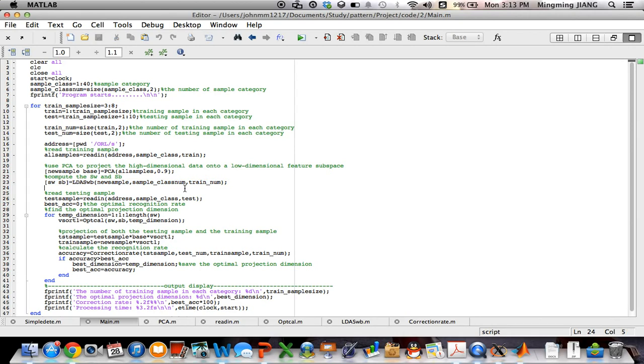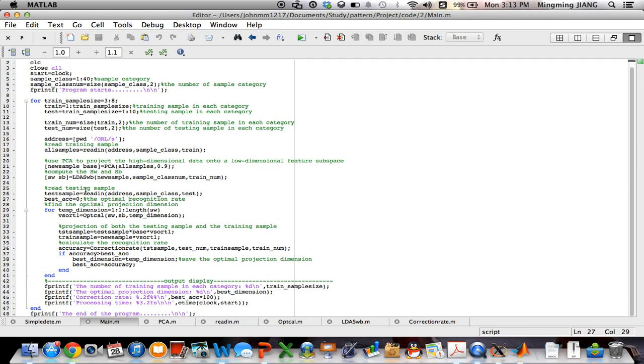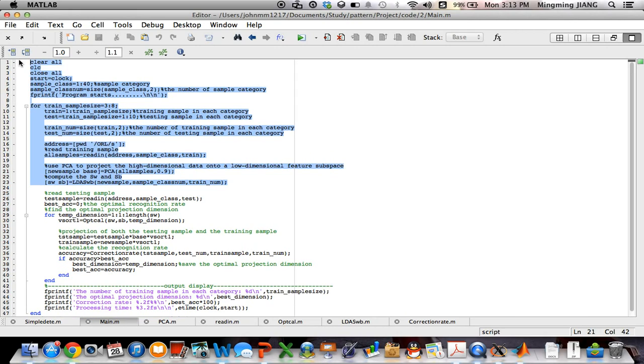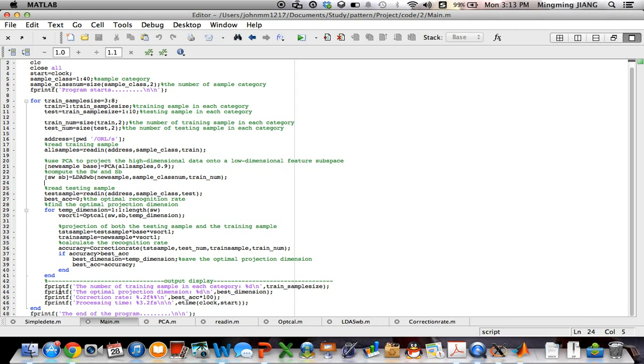SW is the distance of samples in each class, and SB is the distance between 2 classes. These are 2 very important parameters. Then I imported test samples to compare with the images from above and get the correction rate. I also calculate the processing time to estimate the efficiency.